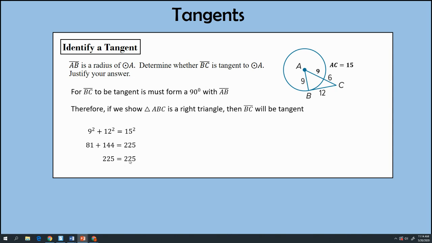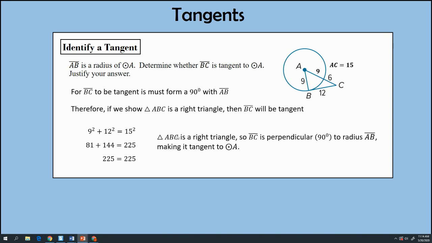That means yes, this is a right triangle. So ABC is a right triangle, which means that BC is perpendicular to AB and makes a right angle. Therefore, BC is tangent to circle A at point B. So it was all about being able to prove that was a right angle. If it's a right angle, then BC has got to be perpendicular to AB, which makes it tangent. So that's one of the first types of questions you get.